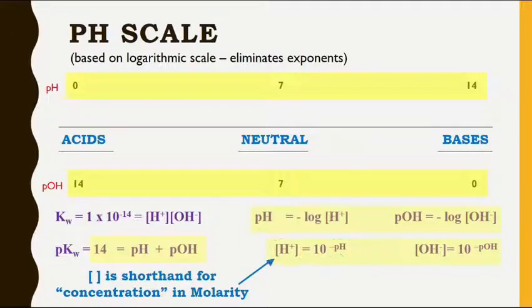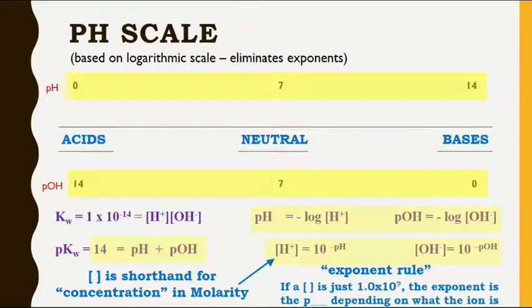But that's actually going to be hopefully not too hard, because we're actually going to use that in what I call the exponent rule. And these first few problems are just going to use this rule on this page, where if I give you a concentration, which oftentimes is in scientific notation, so it'll be 1 or some other number times 10 to a power, if that base is 1, then 1 times anything is really just that other thing.